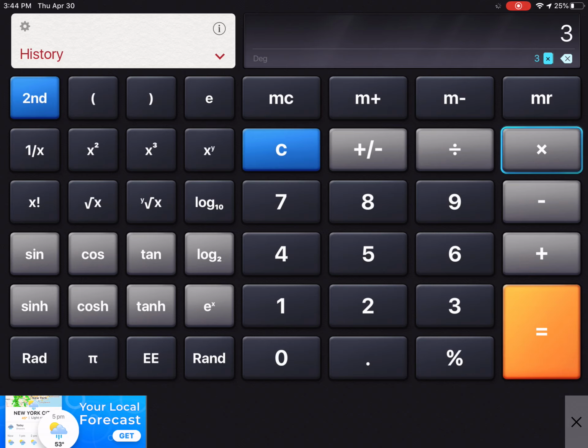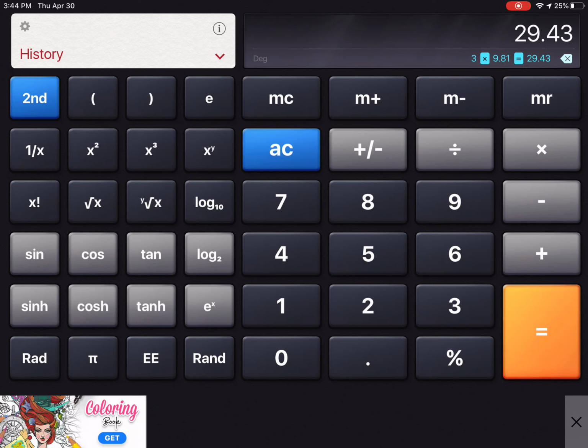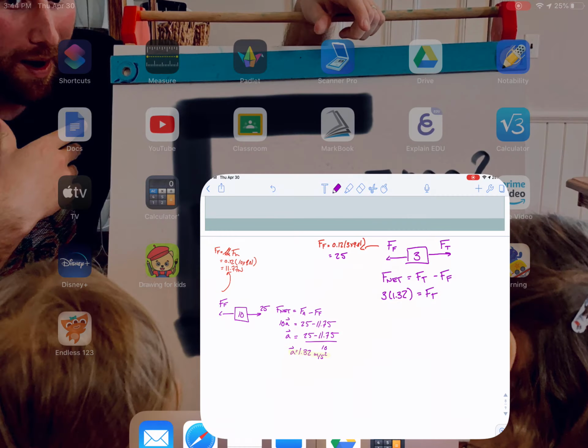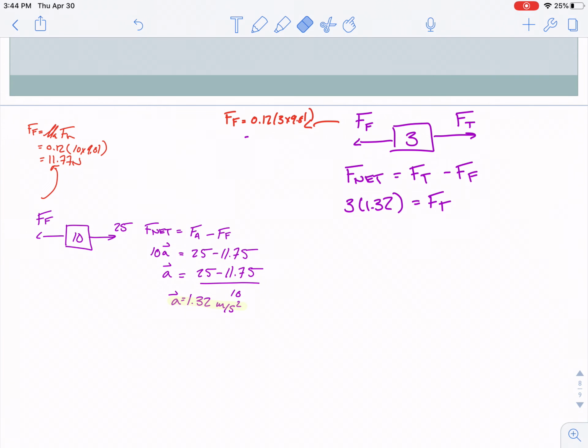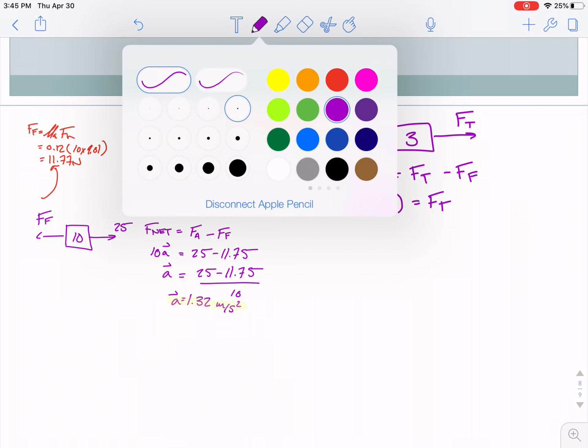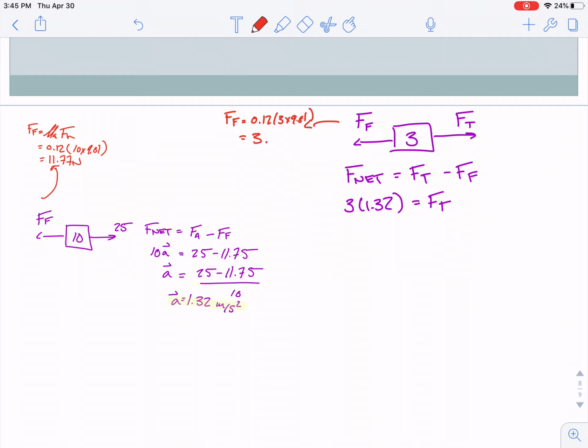Three times 9.81 times 0.12. Yeah, 3.53. I was right the whole time. Sorry. I need to have more confidence in myself.